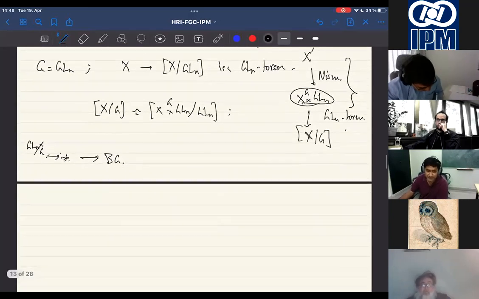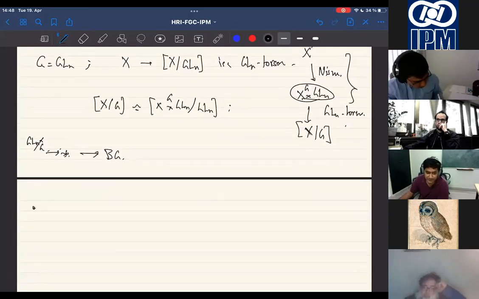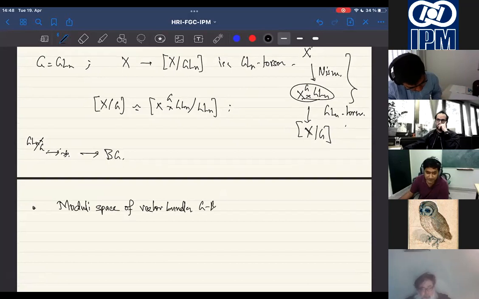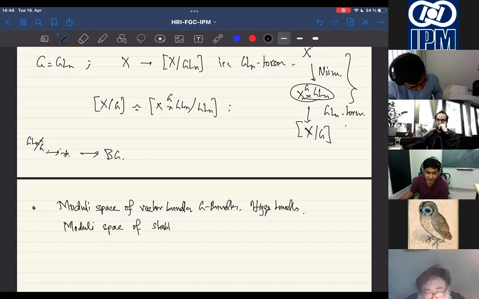Okay. In a similar way, you can now show that the moduli space of vector bundles, G-bundles, X-bundles, and the moduli space of stable curves are all in this category.